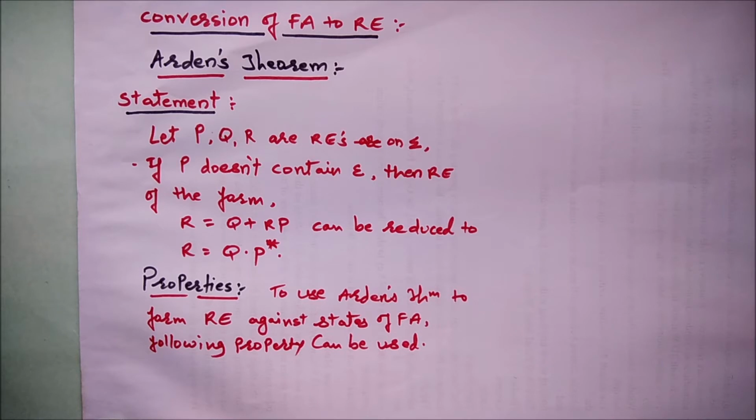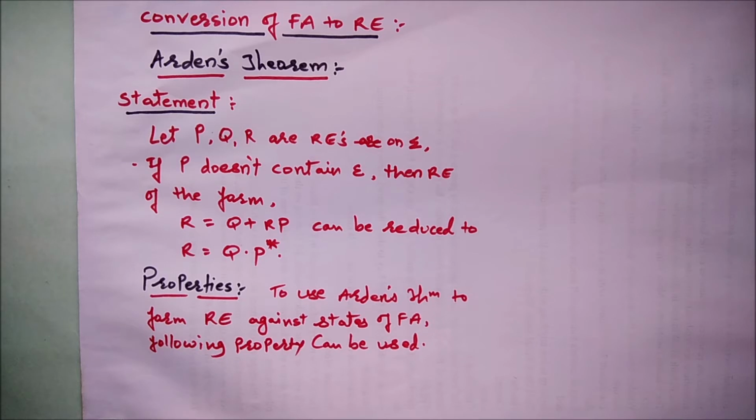In this session, we are going to learn how to convert the given finite automata into a regular expression. In the previous sessions, we saw how the regular expression is defined, how a regular expression can be converted into a given language, and how the language can be converted into the regular expression, that is RE.